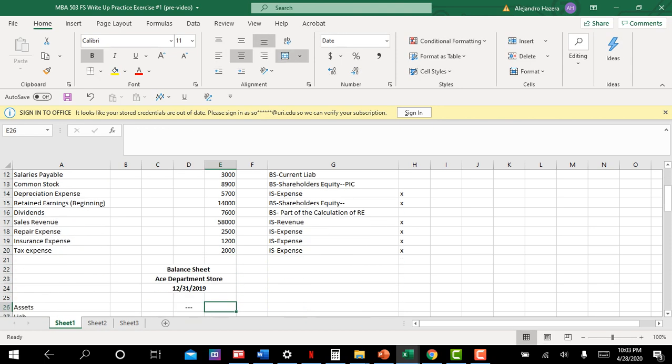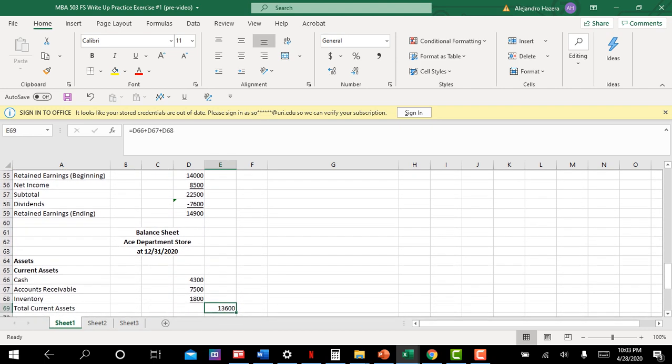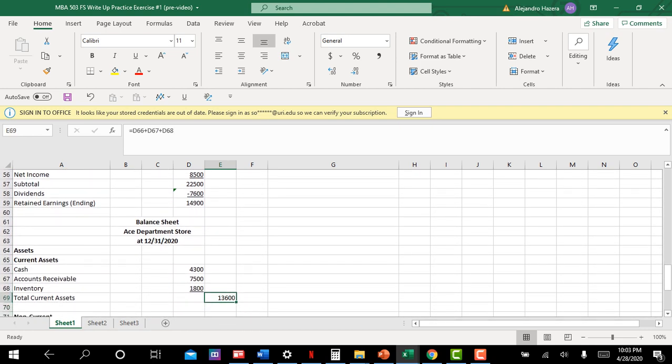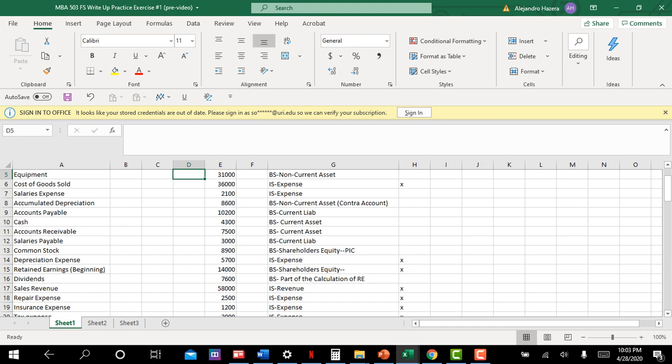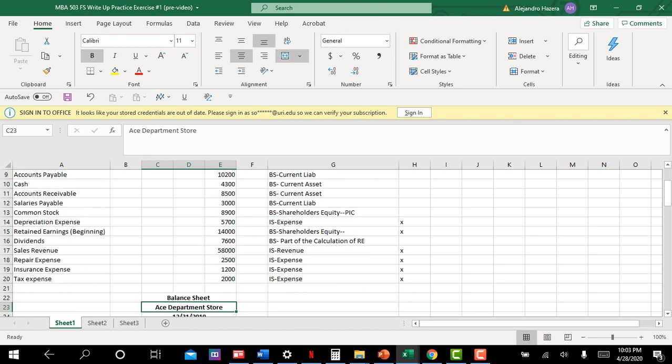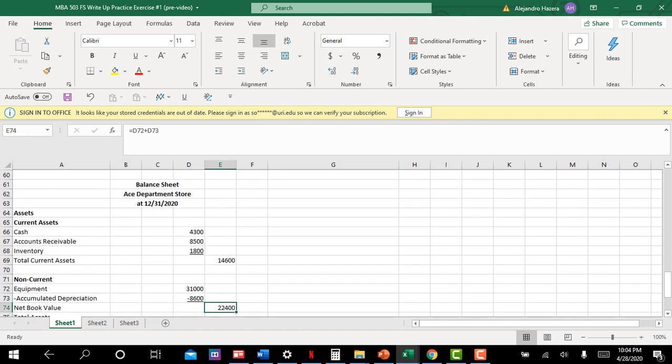I want these things to balance, and I made a change when developing this example. Balance, okay. So your total current asset, and let's make accounts receivable 8,500. I just corrected these numbers. I redid this example. It was for a service, and I'm just doing it for the first time.